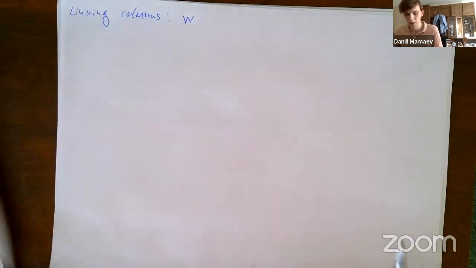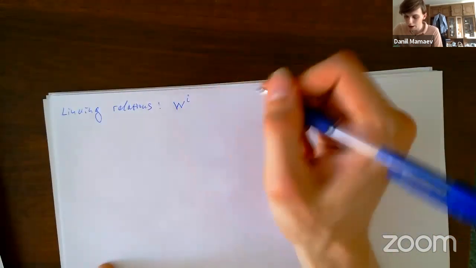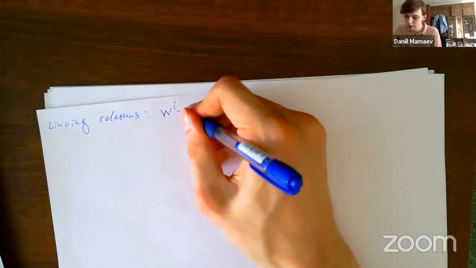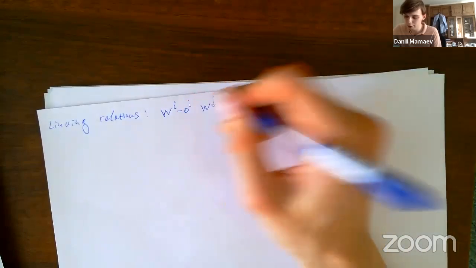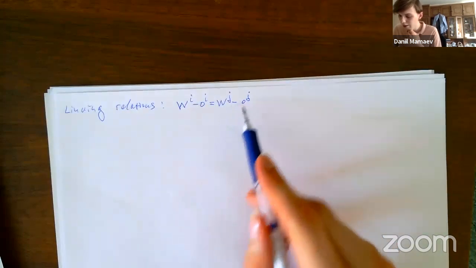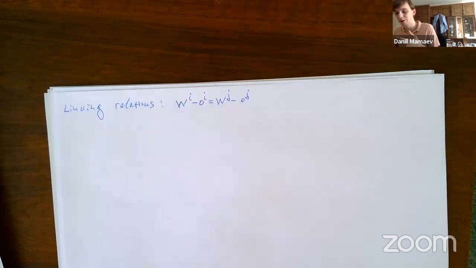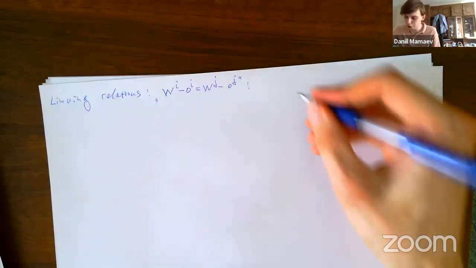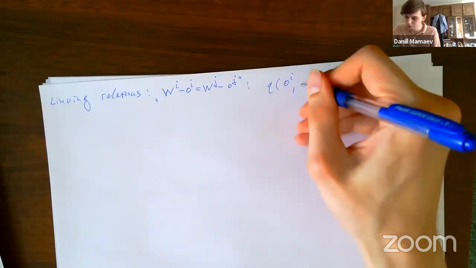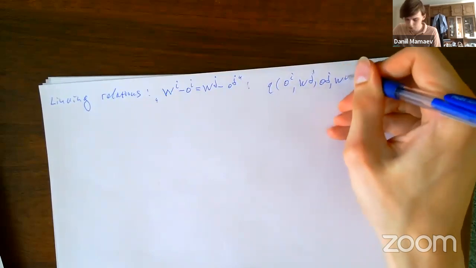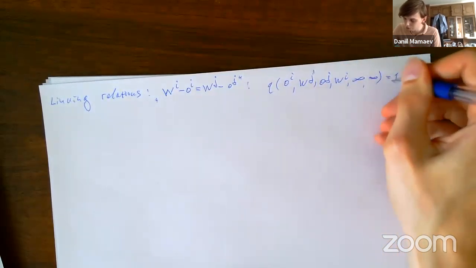For any such variable, you can have wi and wj, and you want them to be equal. It means that on the projective scale for wi and on the projective scale for wj, you can compute the values of wi and wj, and they should be the same. We ensure it by this quadrilateral relation.